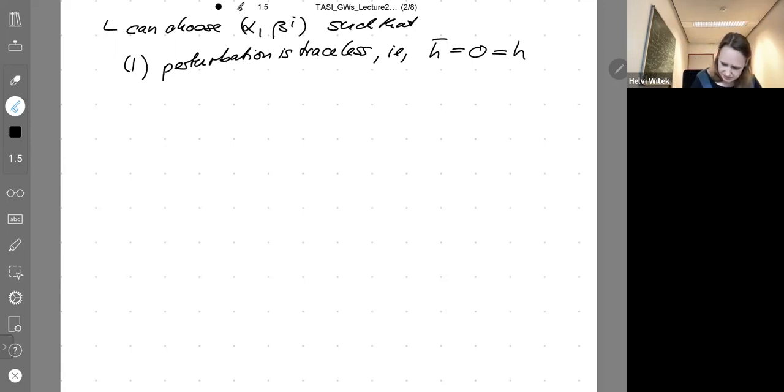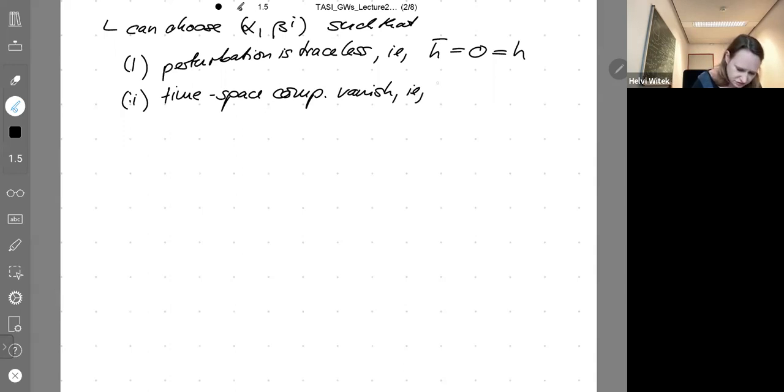And the second item is that we can choose these functions such that the time-space component vanishes, that is, h0i equals 0.